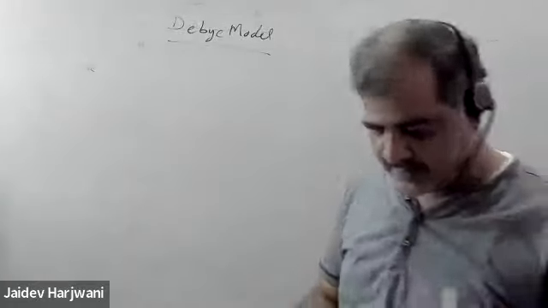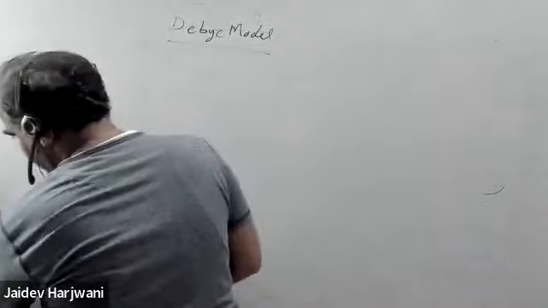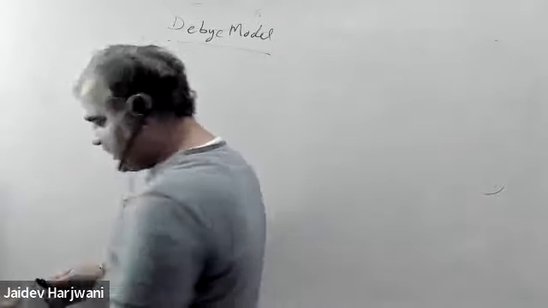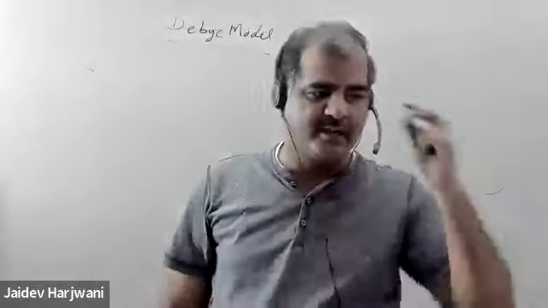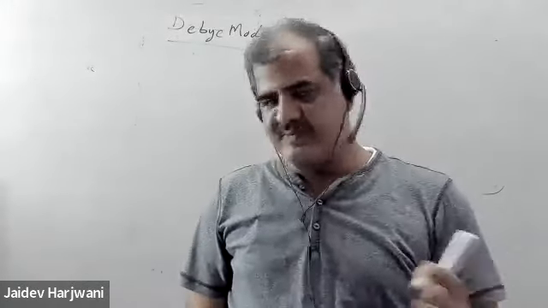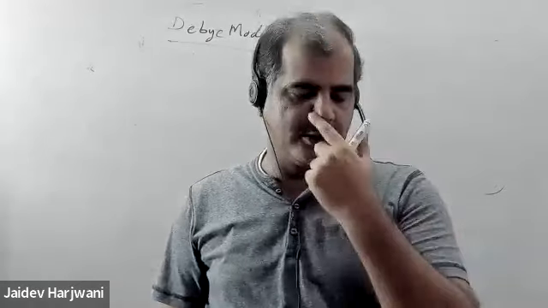Now let me discuss the Debye model. The correction suggested by Debye: first, Einstein was saying that all the atoms are vibrating with a single frequency. But the Debye model says the specific heat contribution comes because of a low range of K values, that means from the phonon curve.